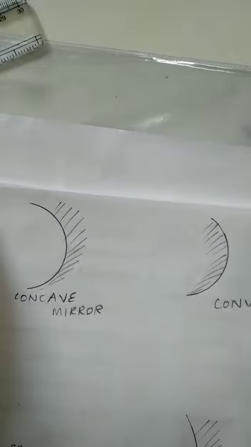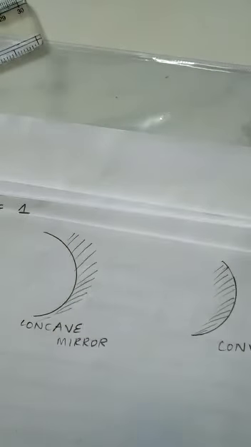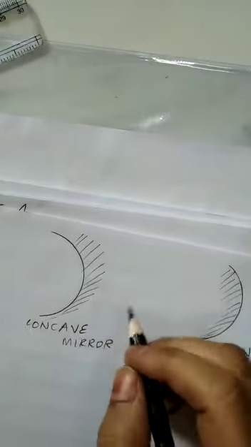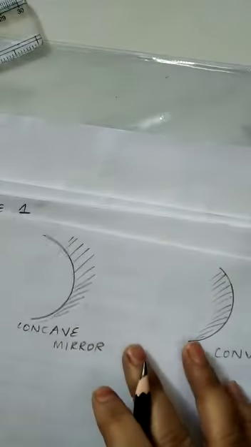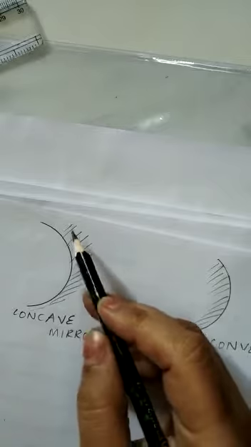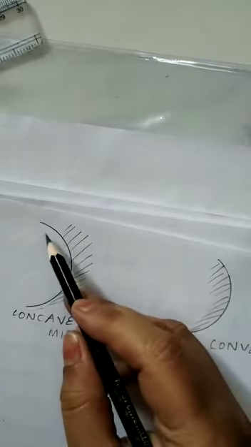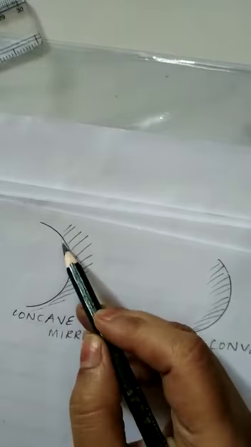Now you can see over here the concave mirror and the convex mirror. The difference between concave mirror and convex mirror: both are parts of a spherical mirror, correct? For the concave mirror, this is the side which is coated with silver paint, and the inside part is the reflecting surface.